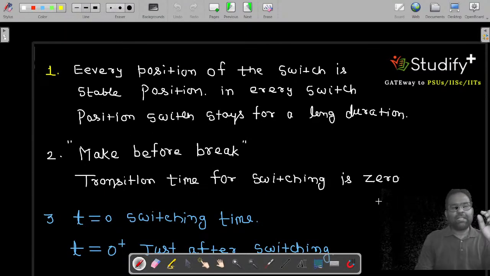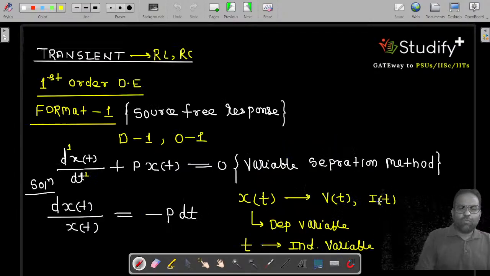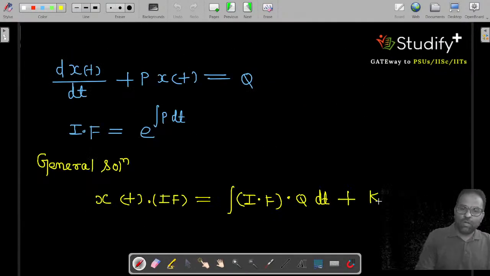An abrupt change in the voltage across a capacitor and in the current through an inductor is not possible, but this is not true for the current across the capacitor and the voltage across the inductor. Fine. Now one by one we will use all of these concepts.